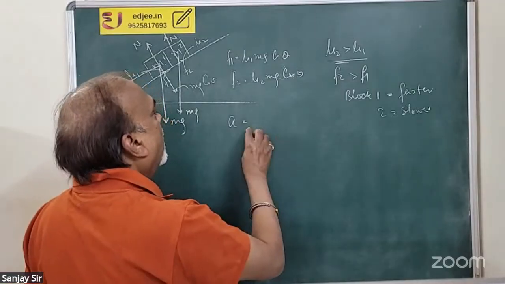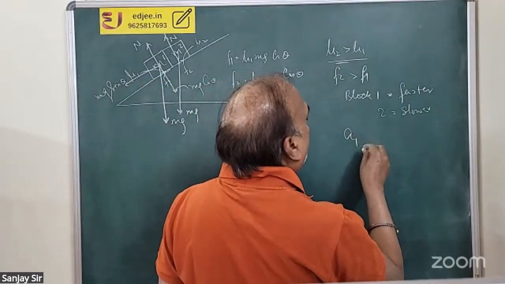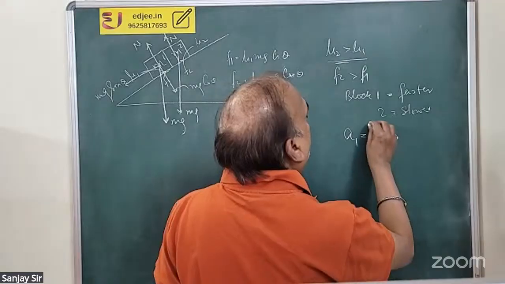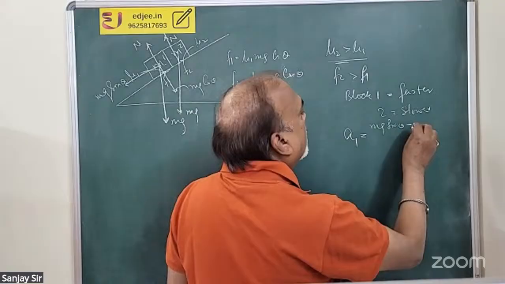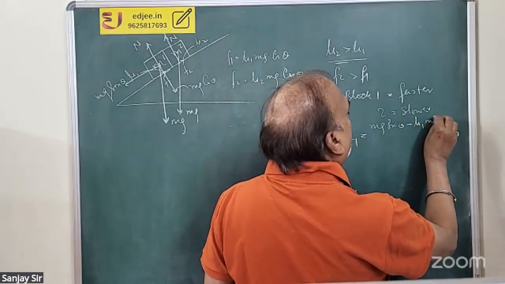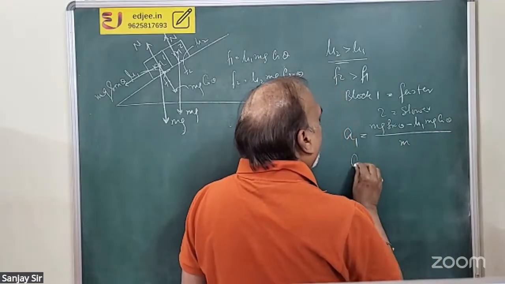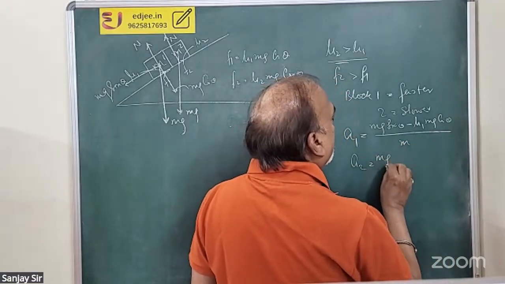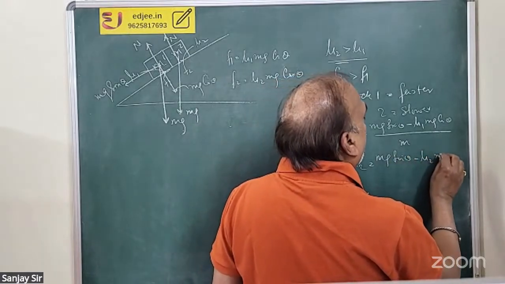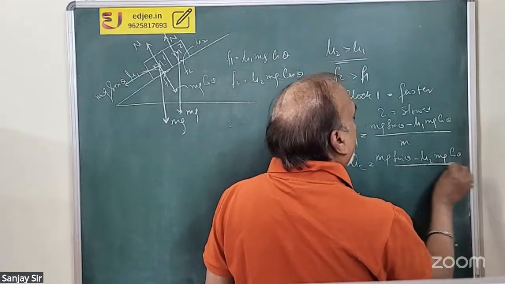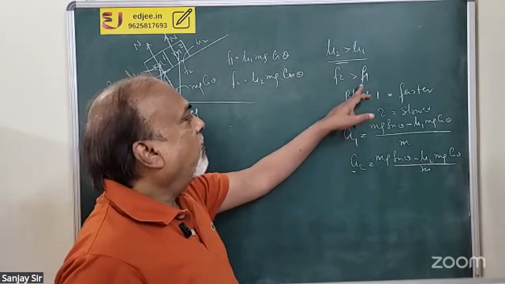In this case, A1 is nothing but mg sine theta minus mu1 mg cos theta upon m, and A2 is nothing but mg sine theta minus mu2 mg cos theta upon m. So A1 is faster because F1 is less.